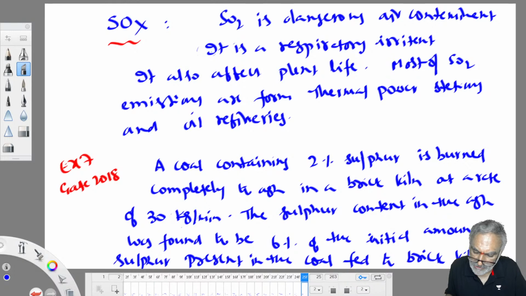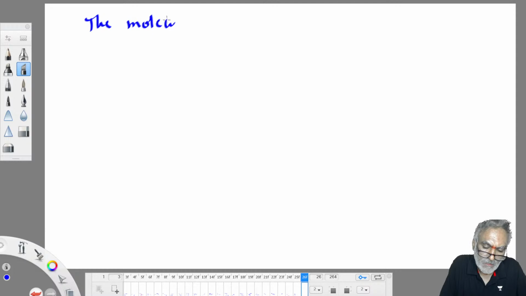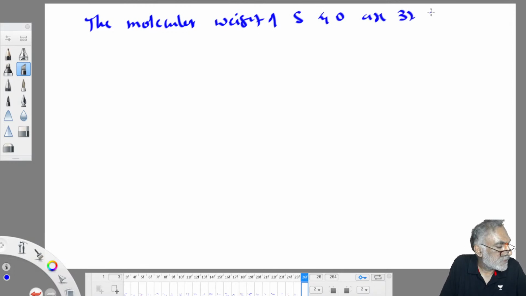This and all matter he has given. Okay. Then the molecular weight of S and O are also given. Molecular weight of S and O are 32 and 16 gram per mole respectively.